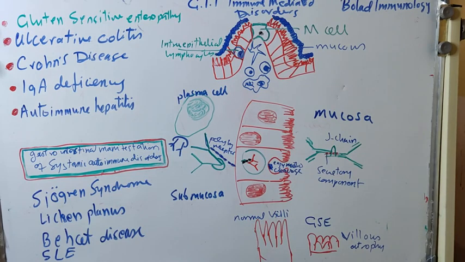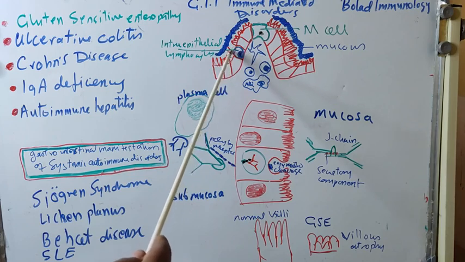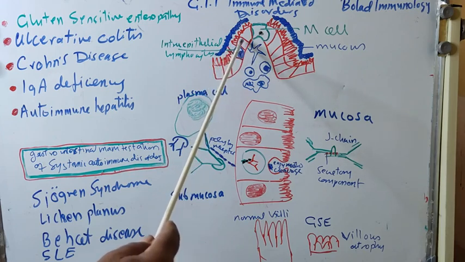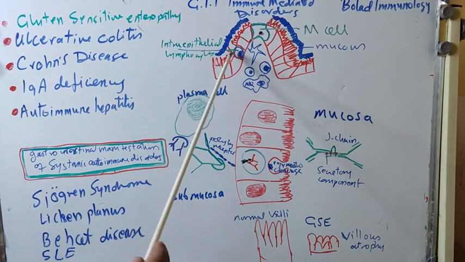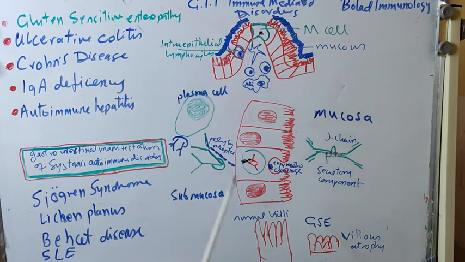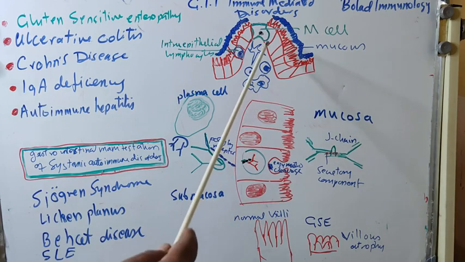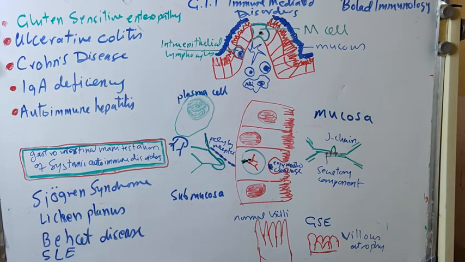Also, some of the lymphoid tissues or lymphocytes are present intraepithelially. As can be seen here, these are lymphocytes between the epithelial cells, and some cells are present within the mucous membrane, and these are known as M cells.